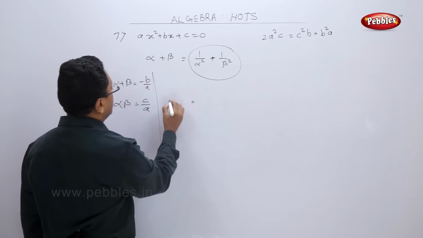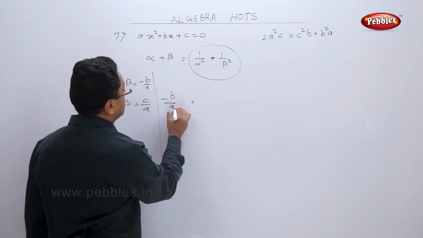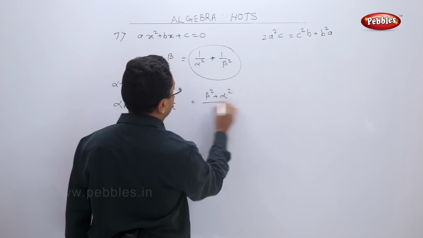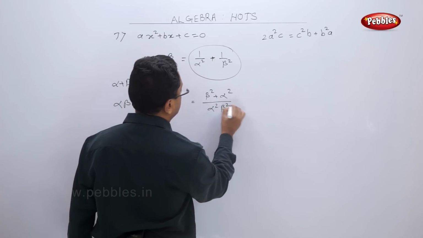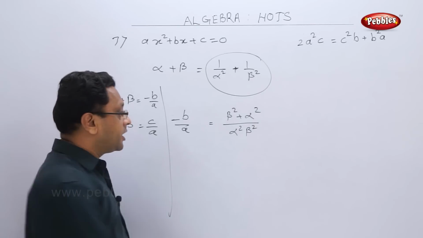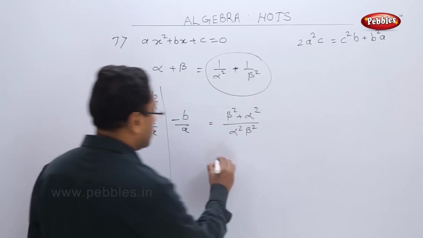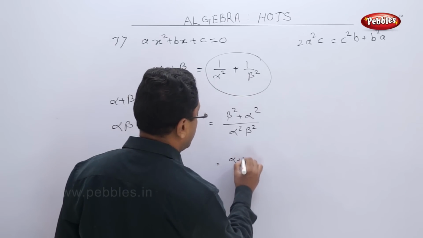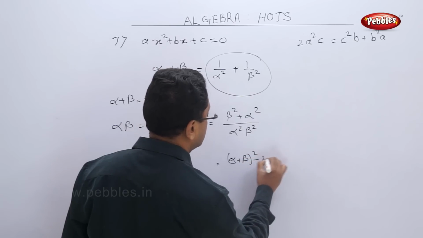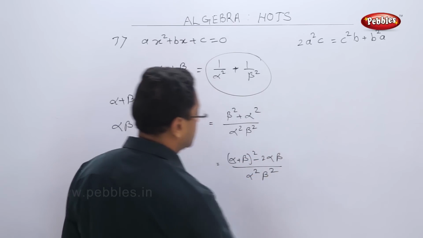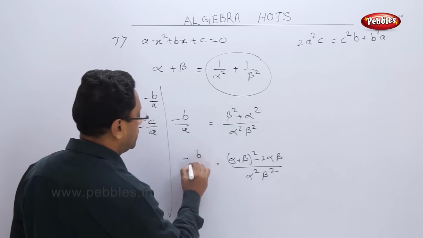You know that alpha plus beta is minus b upon a, and here we have (beta² + alpha²) upon alpha² beta². Now in this case, you will not be able to find the value of beta² + alpha² directly. What we have to do? (alpha + beta)² − 2 alpha beta upon alpha² beta², equal to minus b upon a.